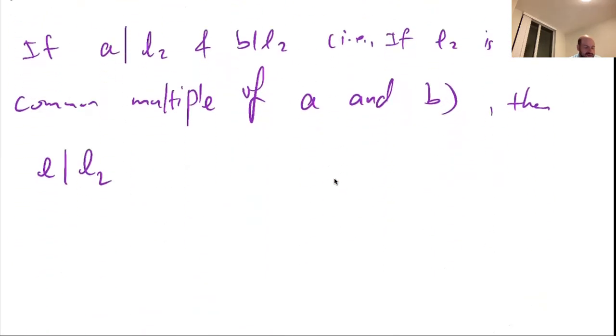However, here L is the least common multiple, and L2 is an arbitrary common multiple. So L has to be less than L2. Therefore, we say L is a factor of L2. Again, it's not obvious. The fact that L has to be less than L2 is obvious according to the definition of least common multiple, but why can we say L is a factor of L2?